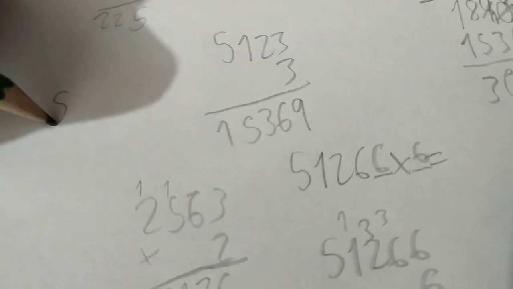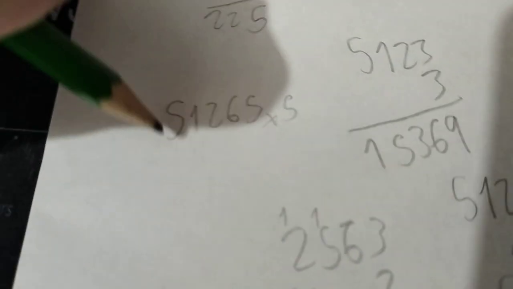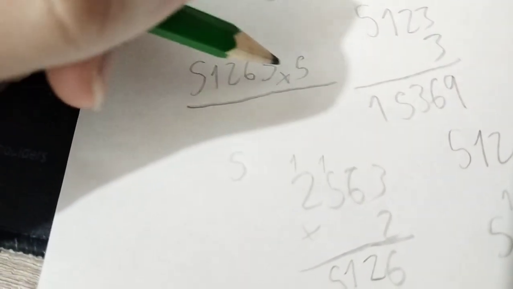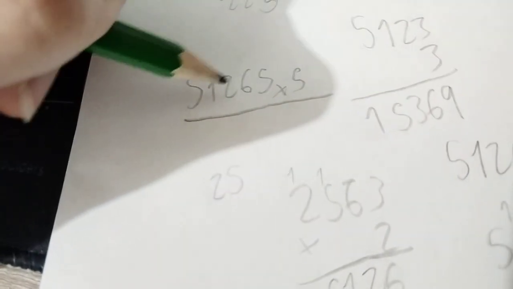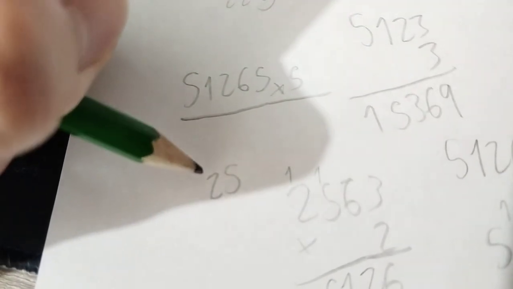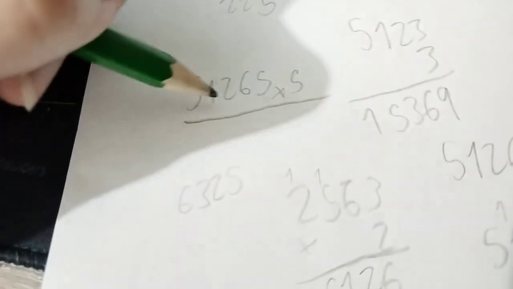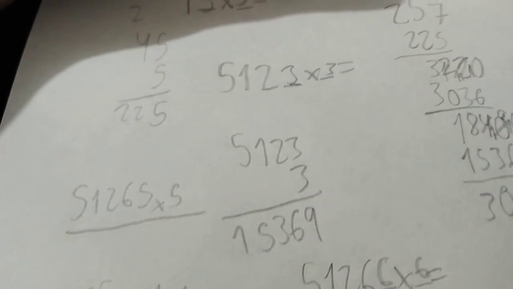So 51265 times 5, which gives us 25, 2, 3, 5, 10, 5. Okay, let's give a recap: 51265 times 5.